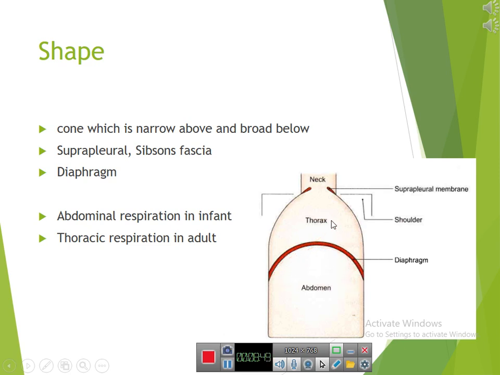The narrow upper end is continuous with the root of the neck, from which it is partly separated by the suprapleural membrane or Sibson's fascia. The broad or lower end is almost completely separated from the abdomen by the diaphragm, which is deeply concave downwards.